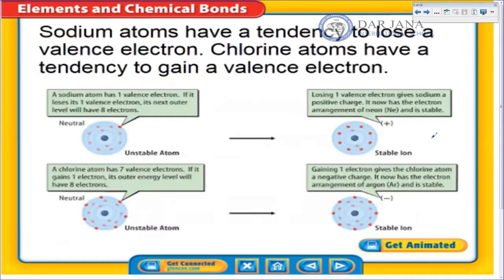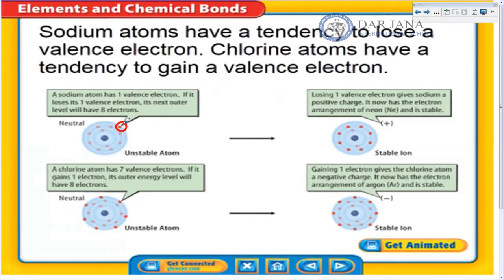For example, let's look here. Sodium atoms have a tendency to lose a valence electron, while chlorine atoms have a tendency to gain a valence electron. Why? If you look here, you know that sodium is a metal, and at its highest level, it has only one electron, and sodium has a tendency to lose this valence electron.